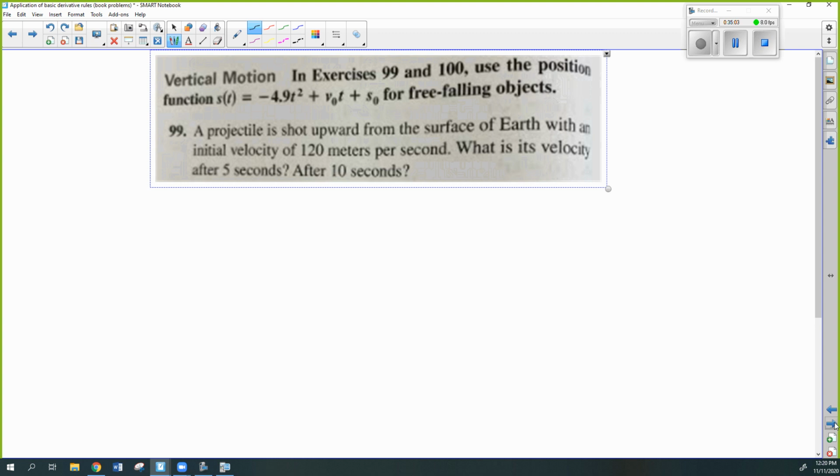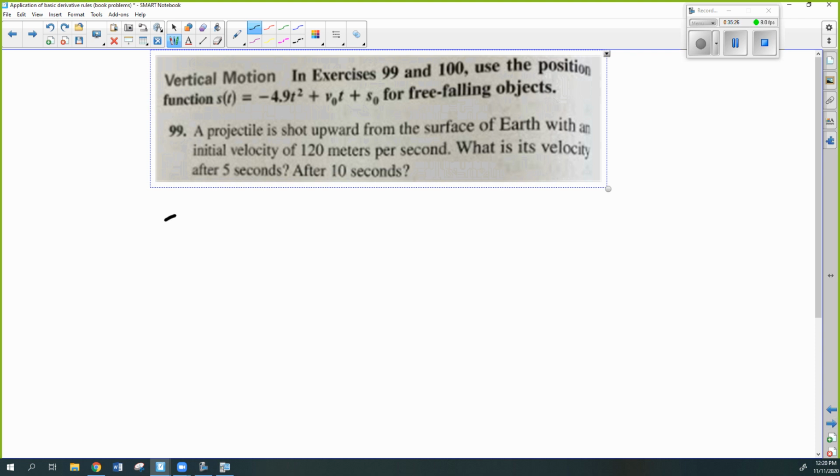Okay. All right, so real quick, I just want to show you, I'm not going to work through the next couple of problems, but I just want to show you what's different about them. So on 99 and 100, it gives you a different position function, okay? It has the coefficient negative 4.9, and that's because if you read through the problem, it talks about meters per second, okay?